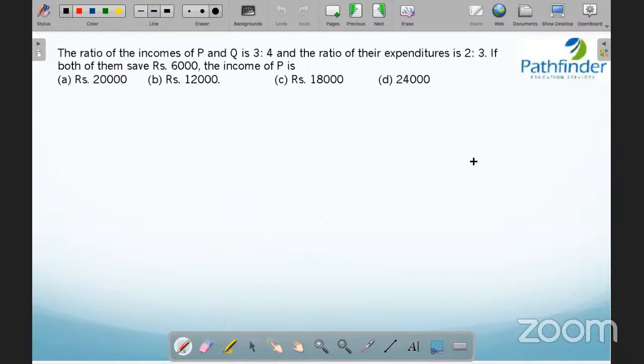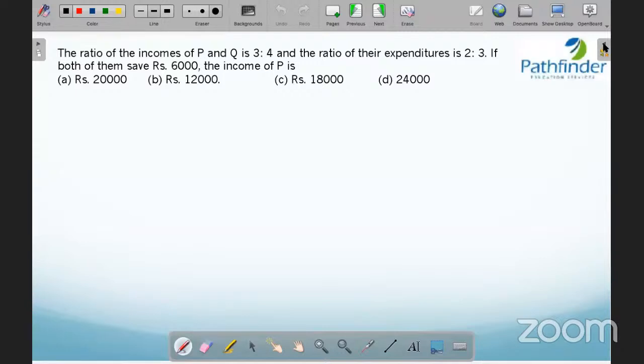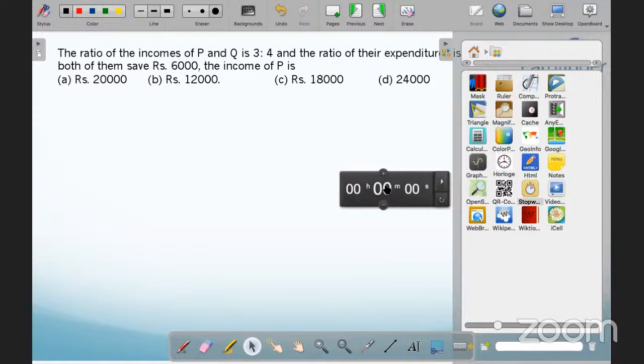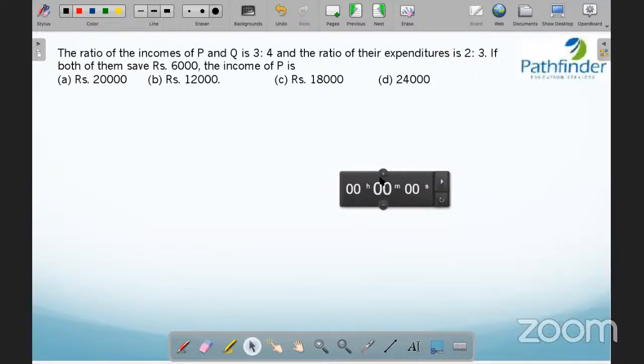Let me give you another question. Again, this is the next question on ratio and proportion, and your time starts in a moment from now. You will have around 2.5 minutes for this question.